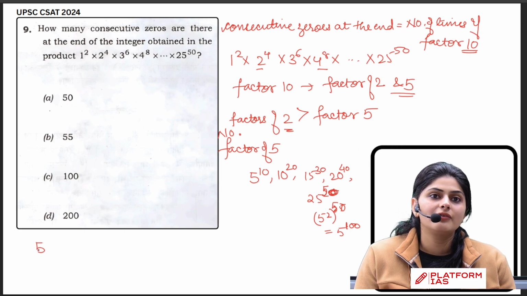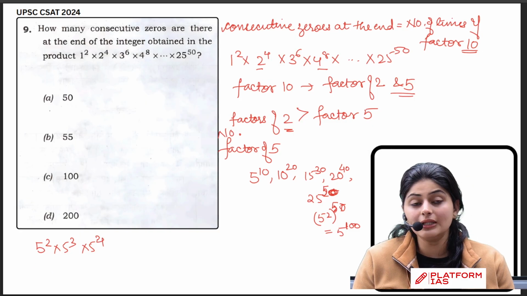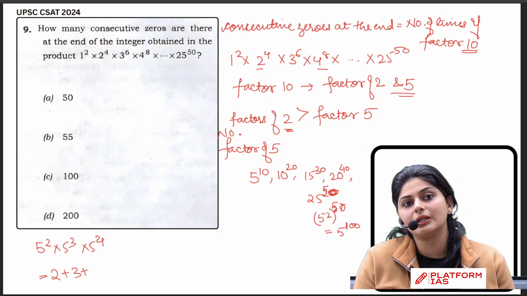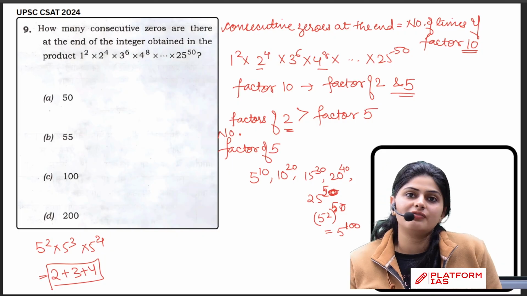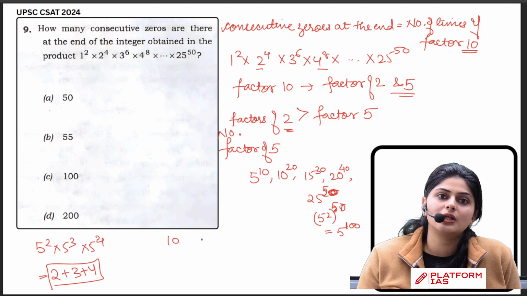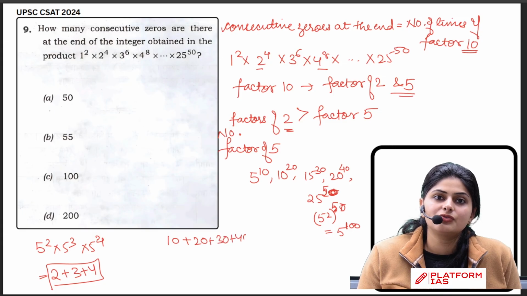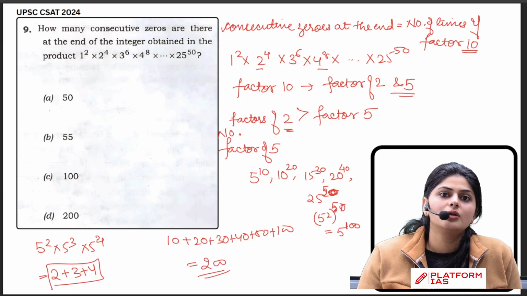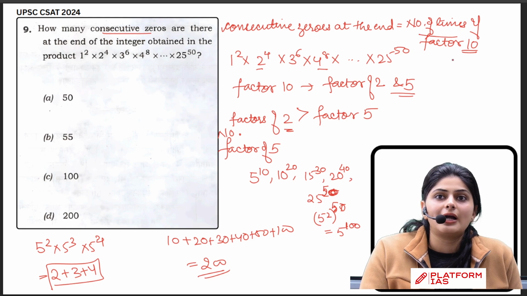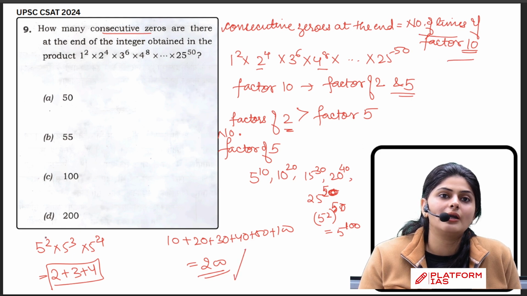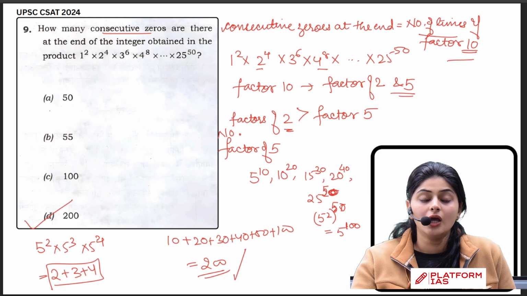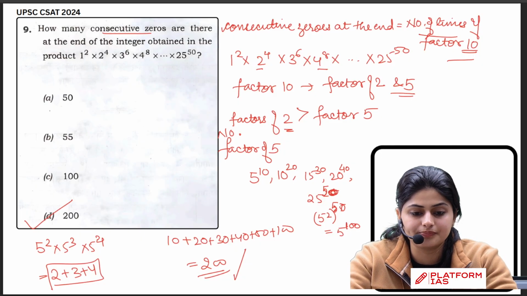When you have 5 squared multiplied by 5 cubed multiplied by 5 to the 4, for example, the powers are added, which gives the total number of factors of 5. The same thing we will apply here. So the total number of factors of 5 will be 10 plus 20 plus 30 plus 40 plus 50 plus 100, which gives me 200. So the total number of consecutive zeros is the number of factors of 10, which is 200. So zeros will be 200. Your answer will be option number D.